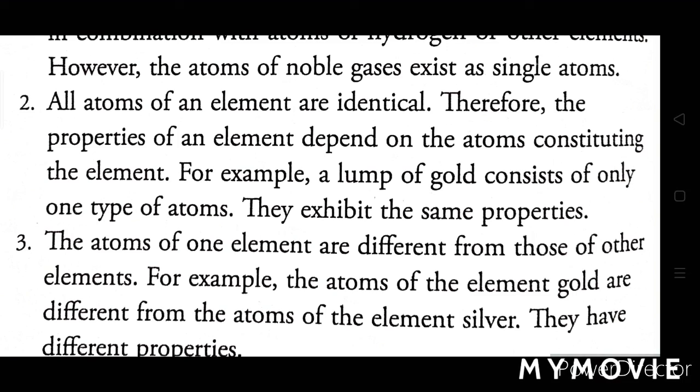In this characteristic, they are trying to tell that the properties of an element depend on the atoms constituting the element. So, the atoms of an element are identical. For example, a lump of gold consists of one type of atoms.